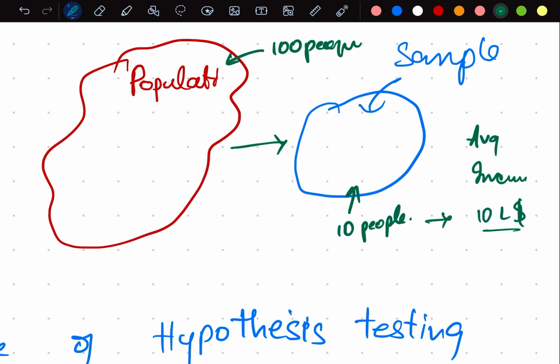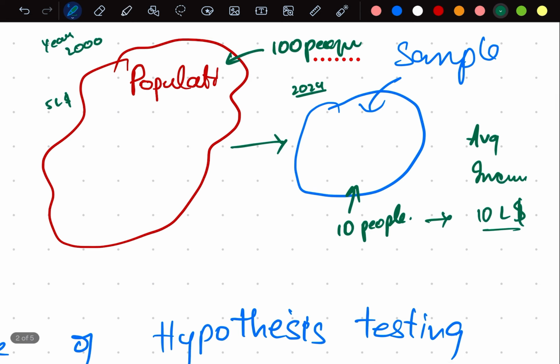Let's say you have the data from the year 2000, where the average income was 5 lakh dollars. Now in the year 2024, happy new year, guys, the average income of this sample is 10 lakh dollars. You want to see the comparison, whether this 5 lakh still remains the same or not.